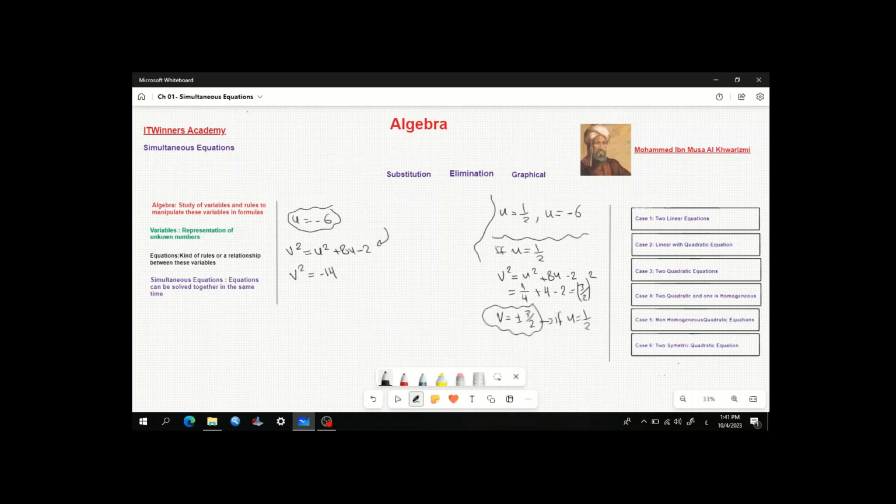Okay, if I substitute with that, v is plus or minus the square root of negative 40. So v equal to plus or minus i times the square root of 40. I obtain an imaginary number here.